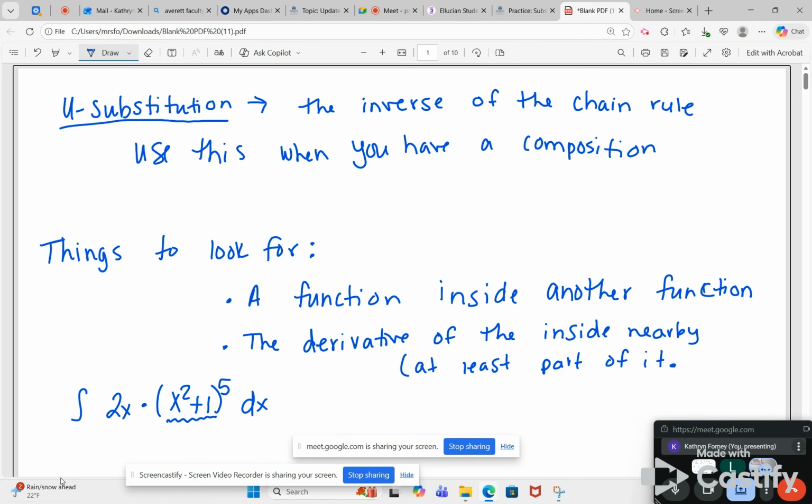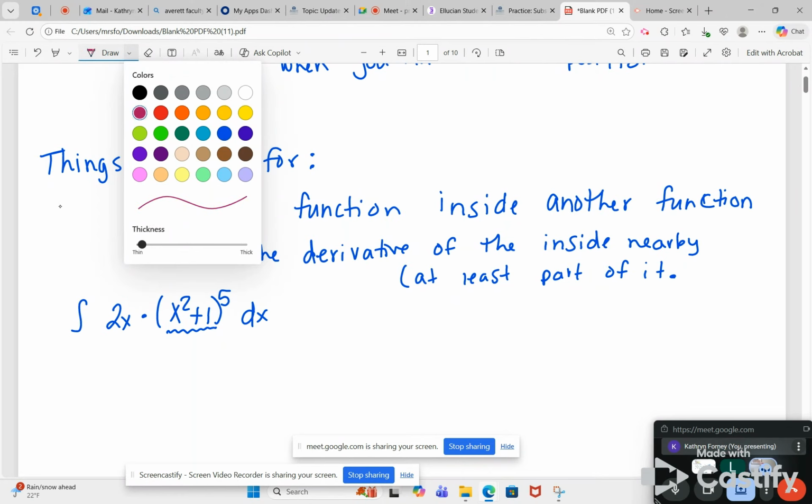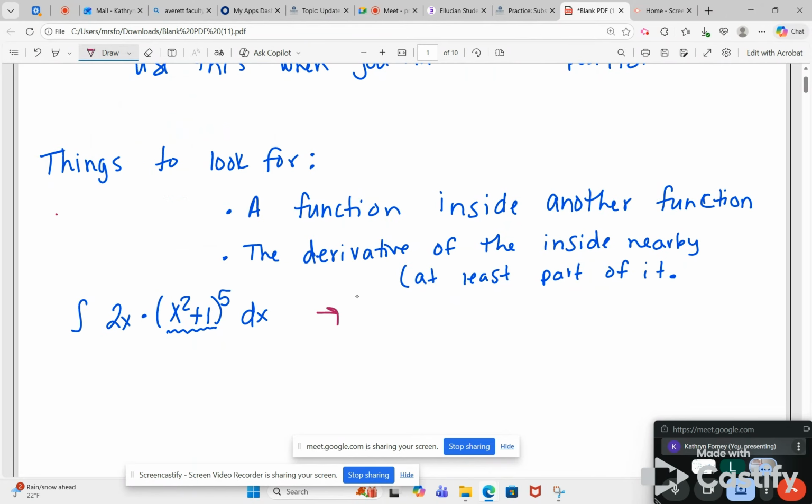But if we look at this example, what we do is we identify the u. So in this case, u is the inside function. Then I have to say, well, what's the derivative of u? That would be 2x, and then you put the dx because that was taking the derivative with respect to x.